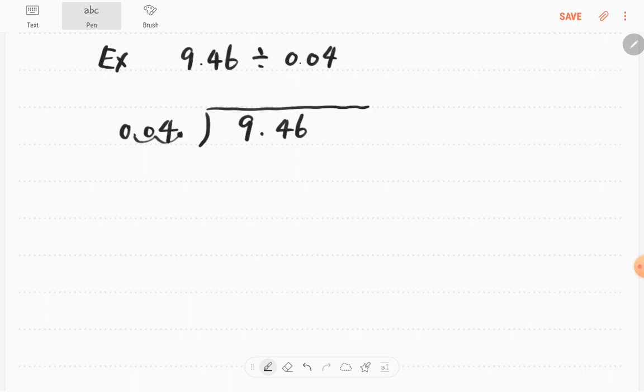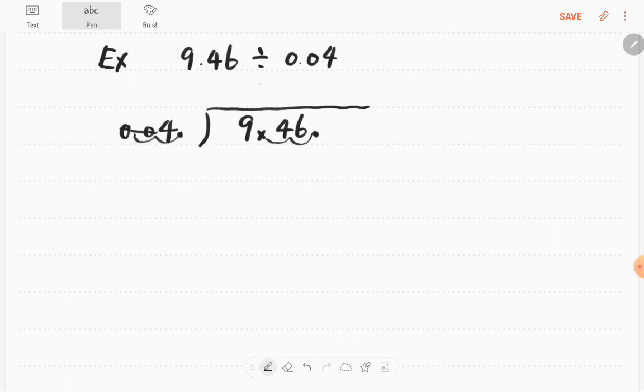If we do this action, move the decimal point to right twice, so we should do the same thing to this one. So we should change this one twice, so we make sure the new number will be 946.